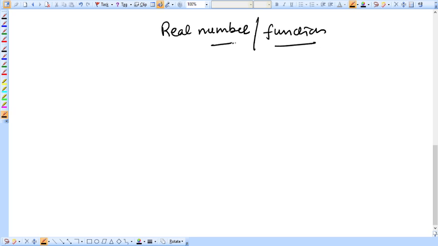Sets of real numbers, functions on real numbers, such sorts of things will be coming into the picture in this series. As I told you earlier, we are going to start from sequences.